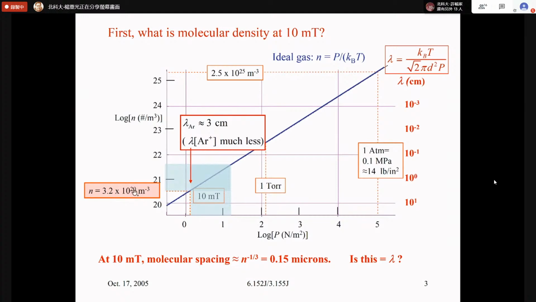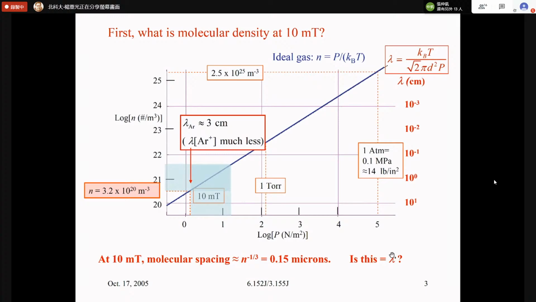So if you make it one dimension, it becomes 0.15 micron.